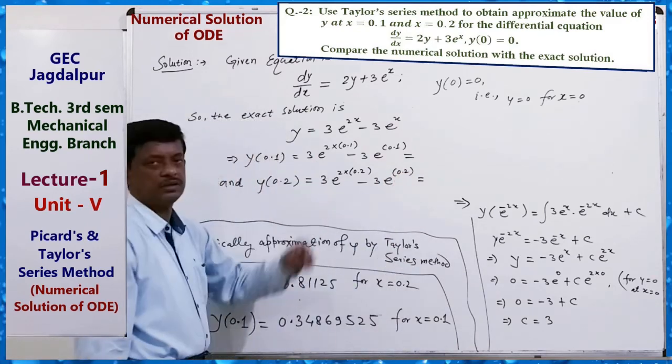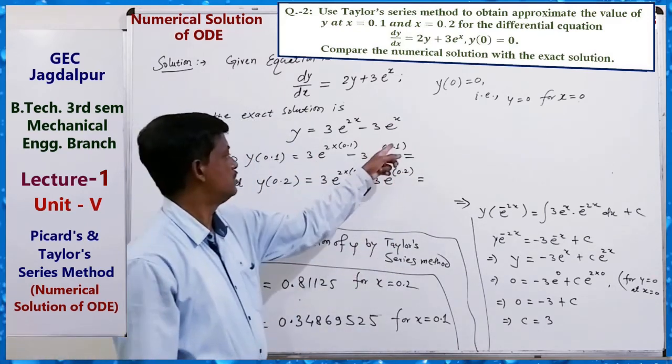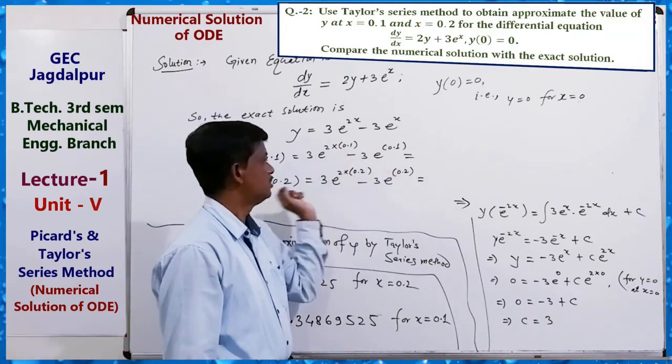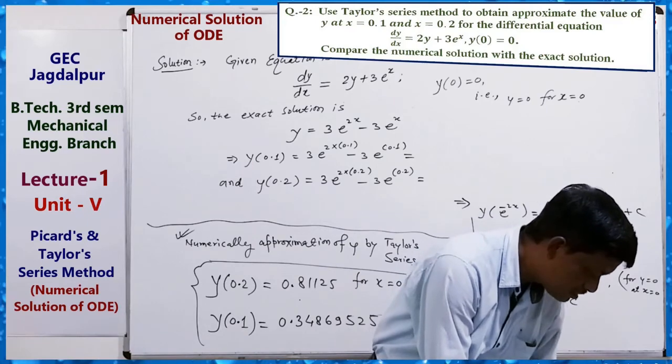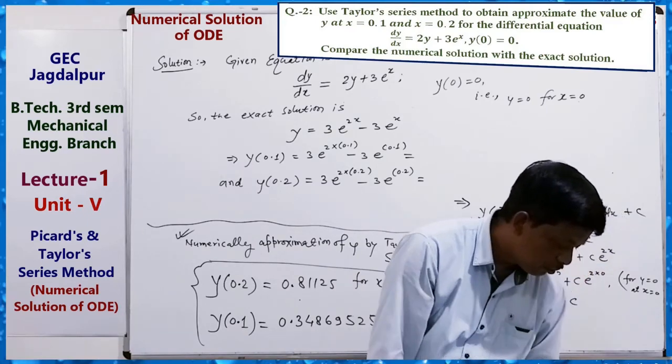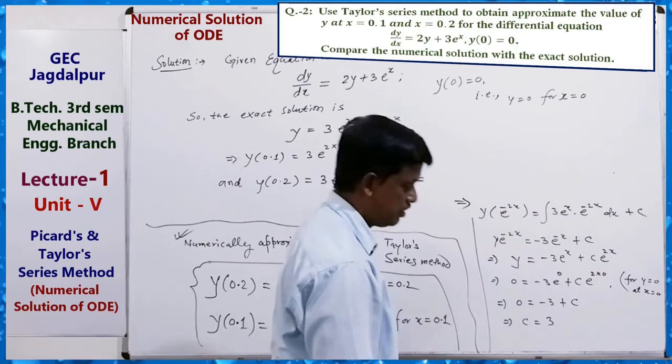Just calculate it by using a calculator. e to the power this, e to the power this, and just calculate it. You can get the value as 0.34869.